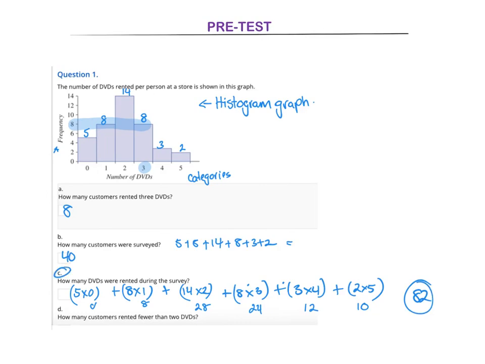Okay, and then the last question, how many customers rented fewer than 2 DVDs? So when they say that, we have a look, how many rented fewer than 2 DVDs? Wouldn't that be these 2? Yeah? Wouldn't it just be 8 though, because the zeros aren't? No, but just how many customers? They're saying customers came in and just looked around and didn't rent any.